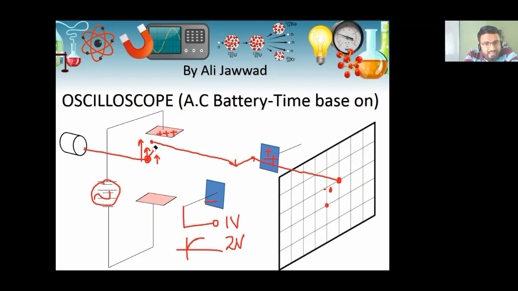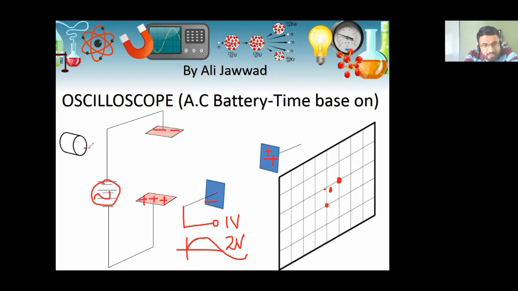When the AC cycle reaches its maximum voltage, it is going to decrease, as you have learned in the case of the AC generator. And due to that, the polarity of the plates will get reversed. When the polarity gets reversed, the positive charge will be on the lower plate while the negative will be on the upper plate.